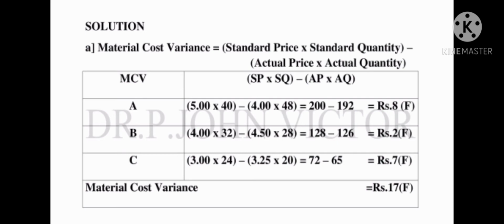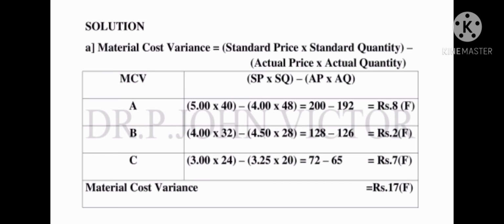Then for B: 4 rupees standard price, 32 standard quantity, 4.50 actual price, 28 actual quantity. 4 into 32 is 128, 4.50 into 28 is 126. Here also the positive value is higher, so the answer is favor, rupees 2.